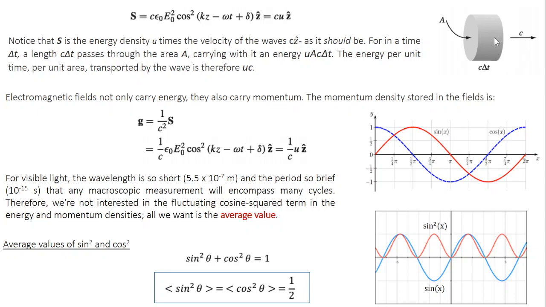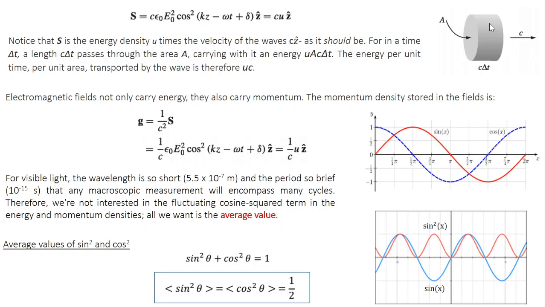Suppose you have a wave traveling towards the right with velocity c. Assume that you have a cylindrical medium of cross-sectional area A. When the wave travels with velocity c in time delta t, it covers a distance c delta t.